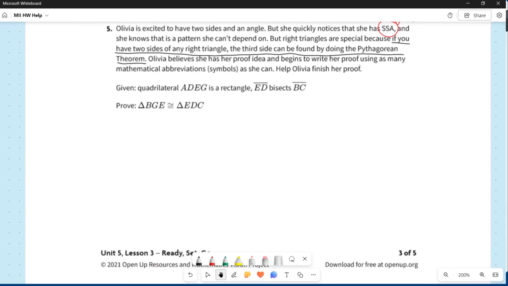We are given that quadrilateral ADEG is a rectangle, and we are also told that ED bisects BC and AB. So ED bisects both BC and AB, and we want to prove that triangle BGE is congruent to triangle EDC.